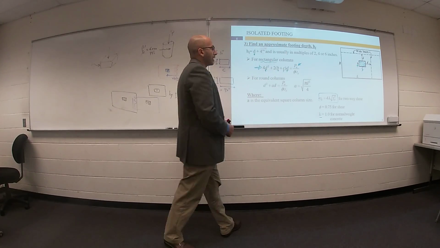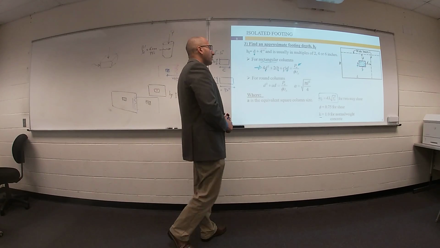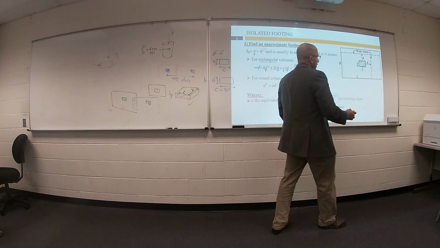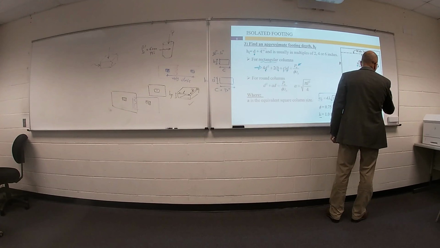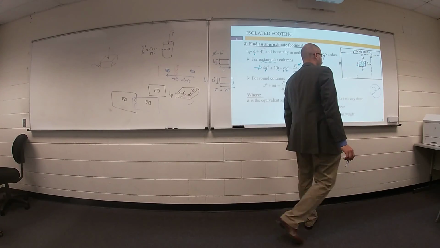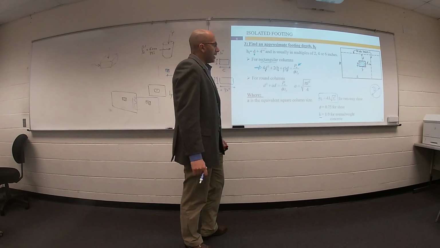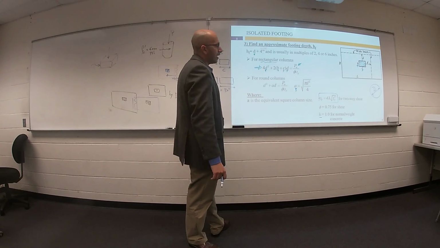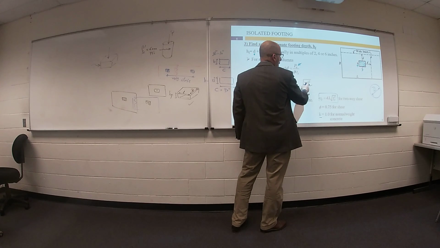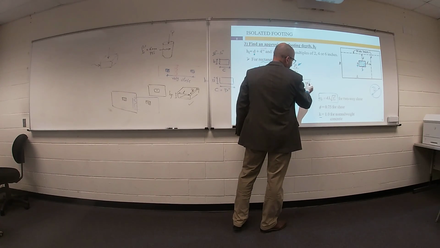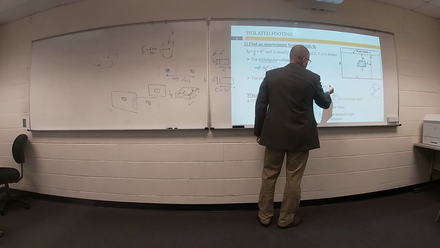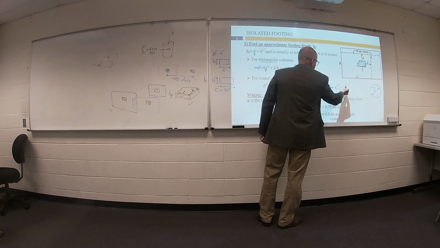But if your column is a round column, circular column, as we learned before, with diameter D, first get a dimension A equal to the square root of pi D squared divided by 4, where D is the diameter of the column.